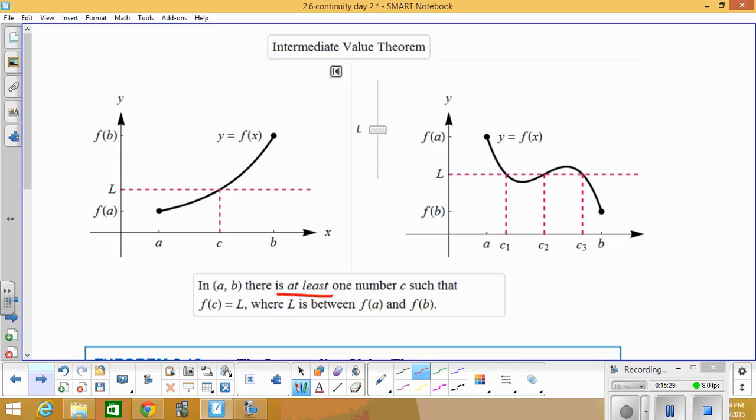This has to have at least one value of c with an actual limit. It doesn't mean there can't be more. In this case, it turned out there were 3 of them. But the intermediate value theorem says there has to be at least one where there's a value between the endpoints.